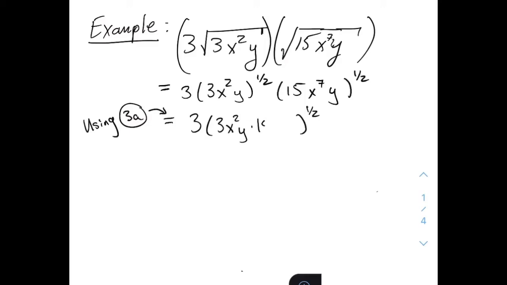They're kind of undistributing, and then we can simplify this.